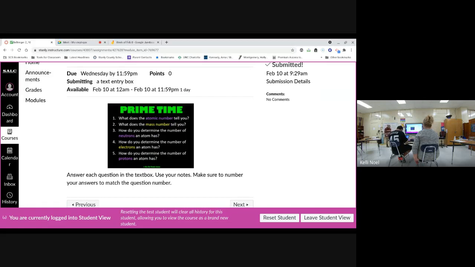And then, how do we determine the number of electrons? Electrons, for what we're doing, will always equal the protons. Remember, we had three columns. What's the question? Number of electrons, atomic number, same as protons.